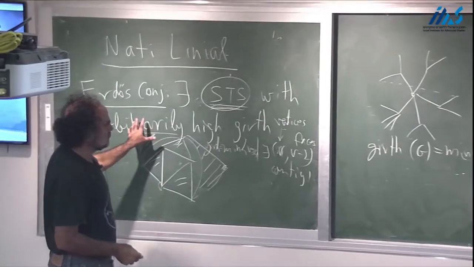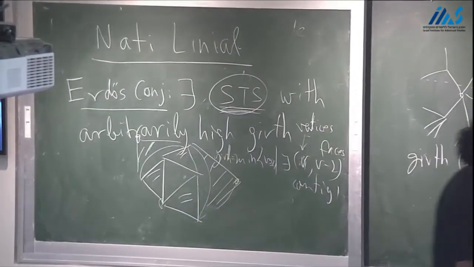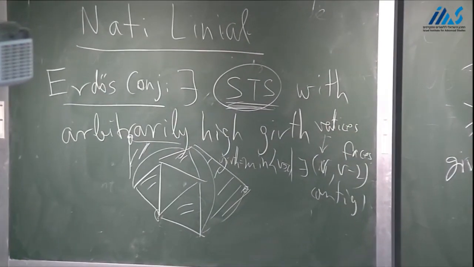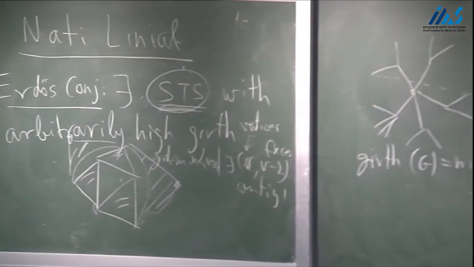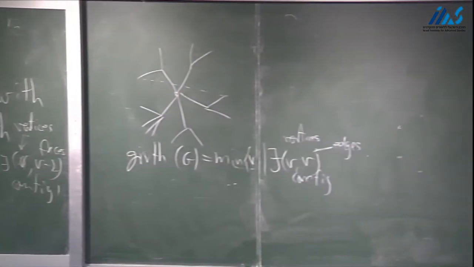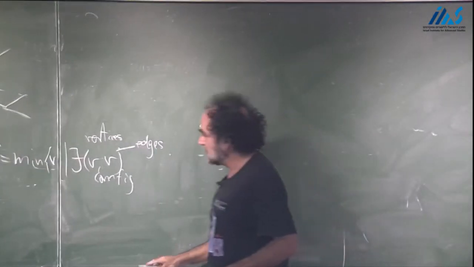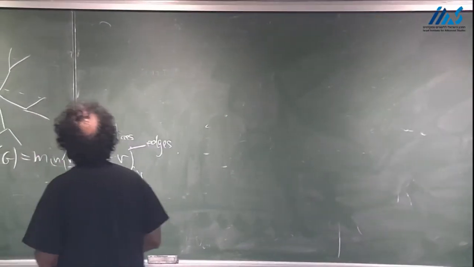Erdős conjectured that you can have a Steiner triple system with arbitrarily large girth. The situation of this problem is very bad. I will not go into this, but despite the great appeal of Erdős problems and the fact that this has been open for 40 years, we are very far from understanding anything about this. So I'm asking a much easier question, which you can understand even if you don't know what a Steiner triple system is.